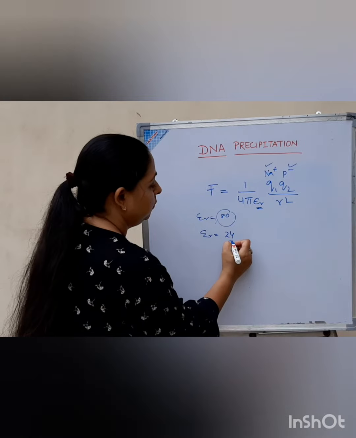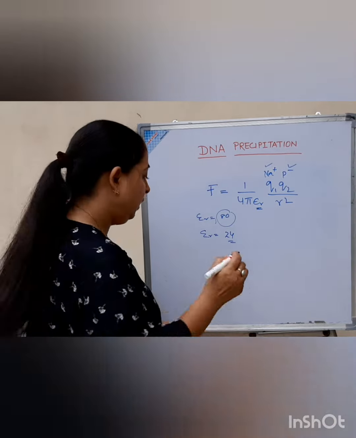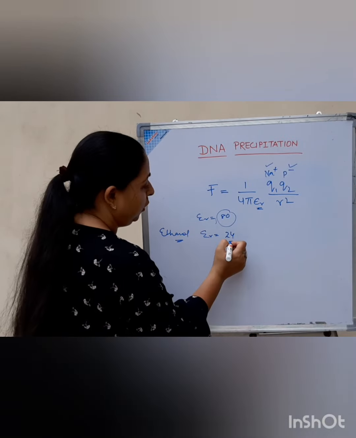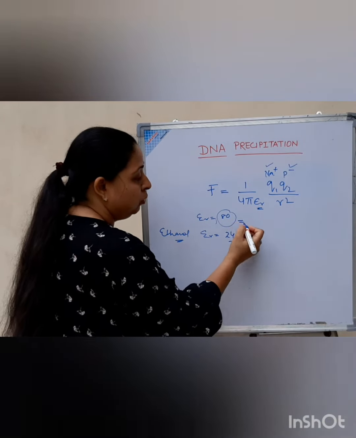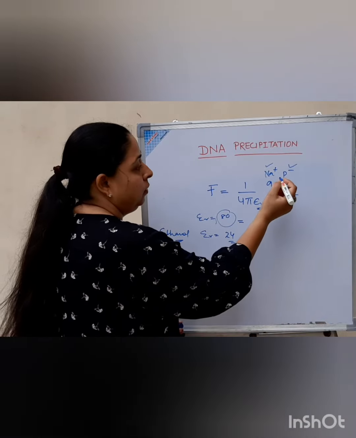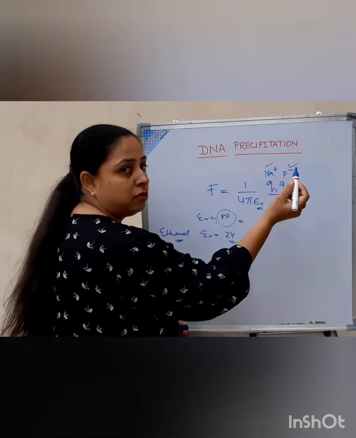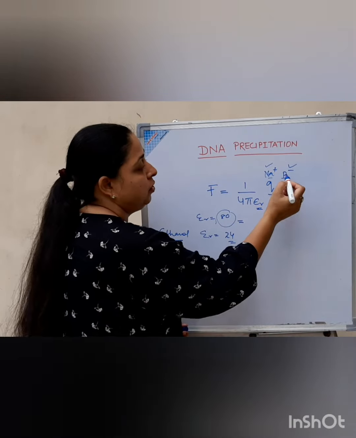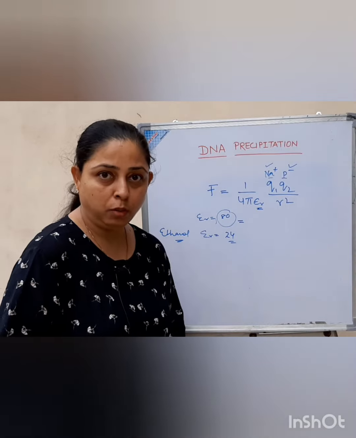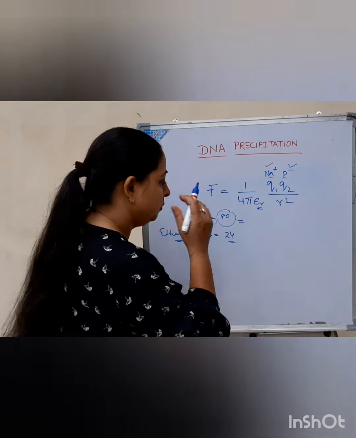The dielectric constant of ethanol is 24, which is less as compared to water. That means in ethanol, the electrostatic interaction between sodium ion and phosphate ion would be stronger as compared to water.